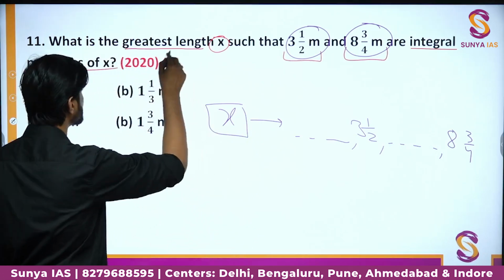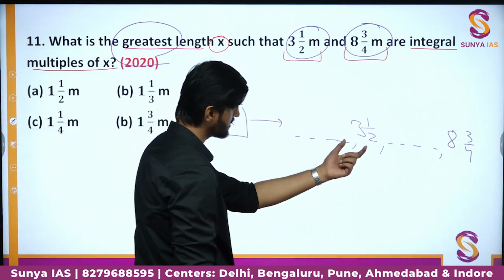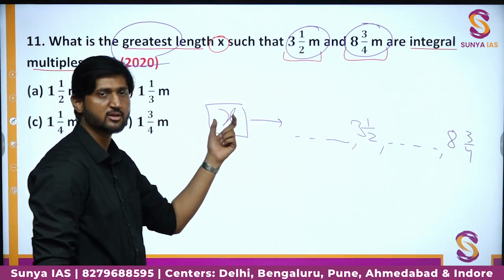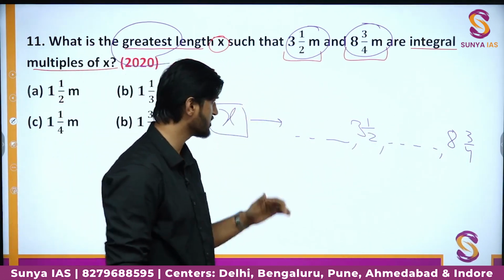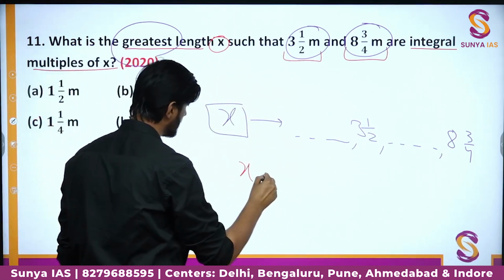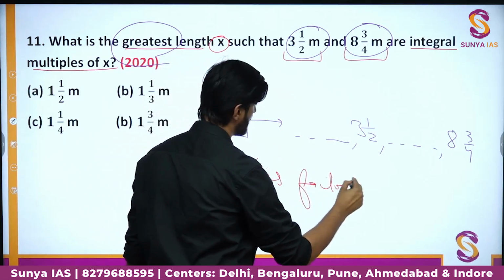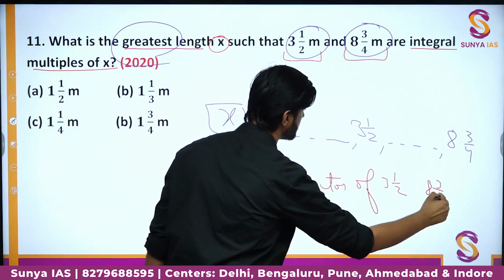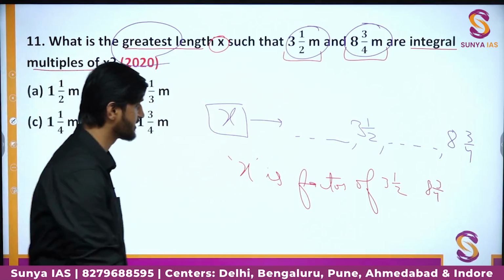So these values 3.5 and 8 3/4 are multiples of x, and both of them are actually having x as a factor. Okay, I guess I misspelled it. It is a factor. So, x is a factor of 3.5 and 8 3/4, right? And also it is saying that it is the greatest factor.